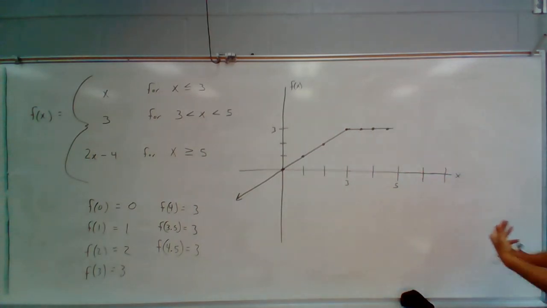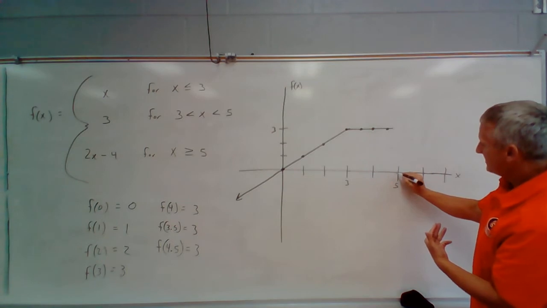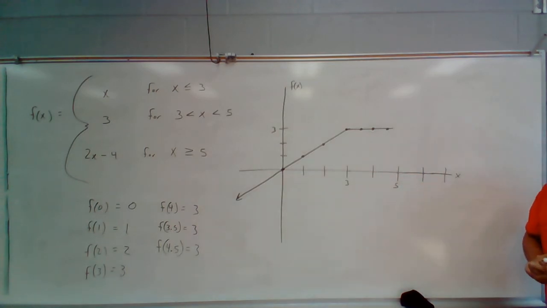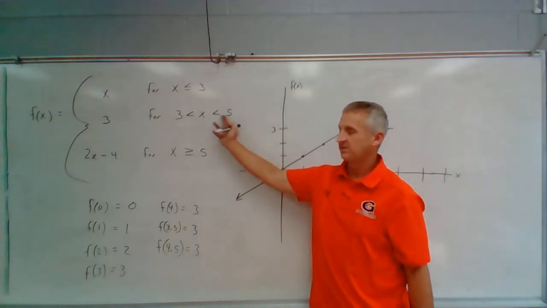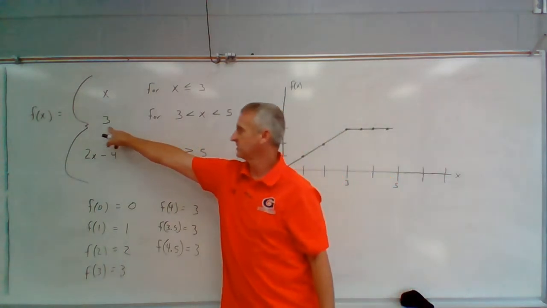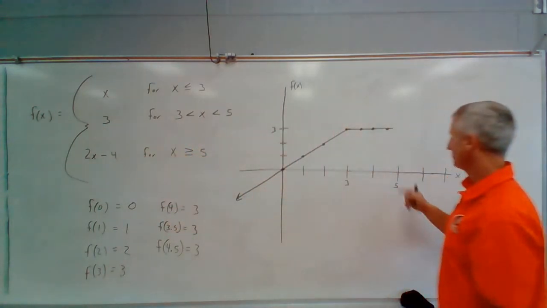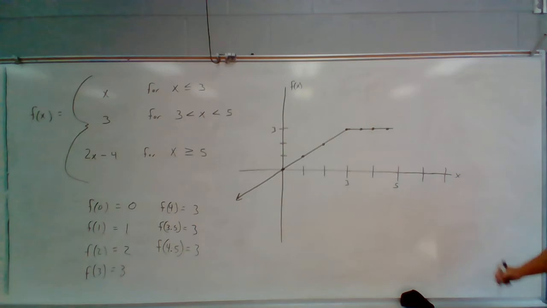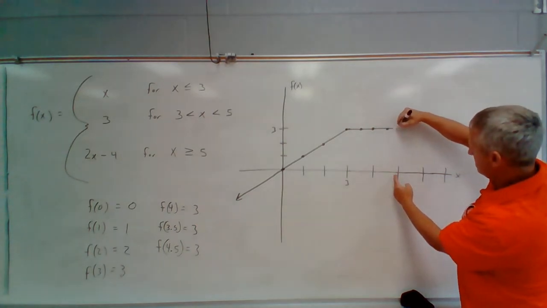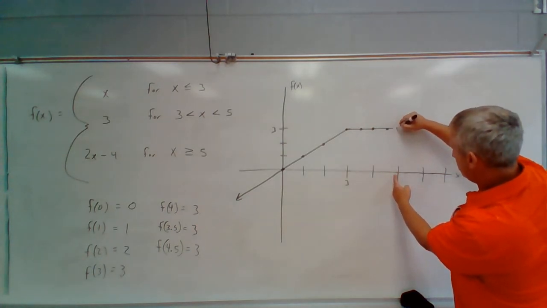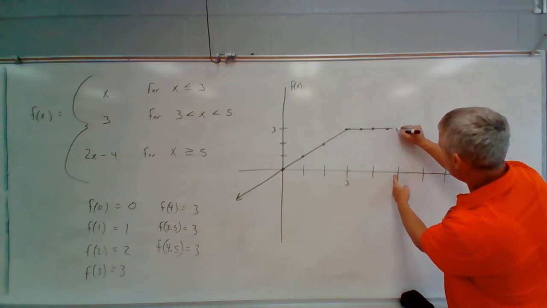Now as I go out this way, say I plugged in 4.9. That's less than 5, so I should be using this equation and I'll get a 3. The closer I come in here, the closer I get to the point (5, 3).